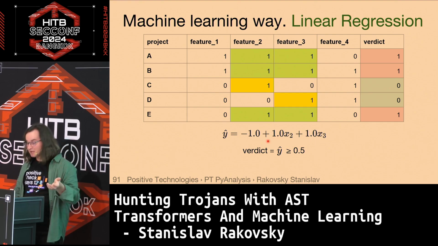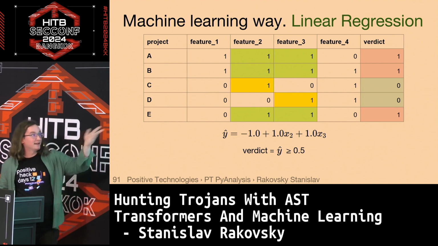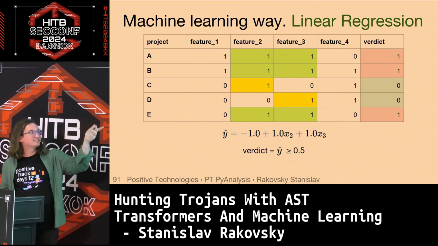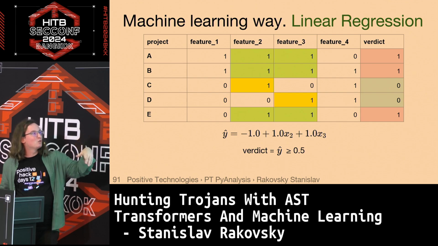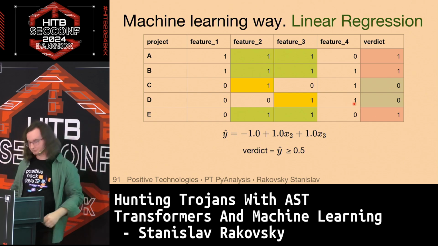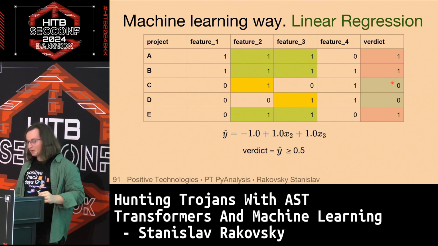And as we can see, we need the presence of both features to have a malicious verdict. According to our data, the presence of both features leads to a malicious verdict, and the presence of only one of them would be benign.